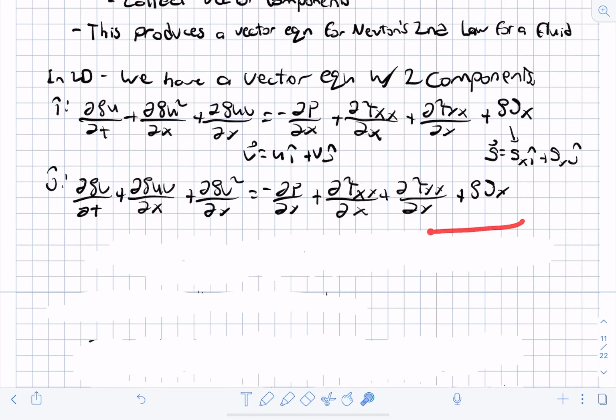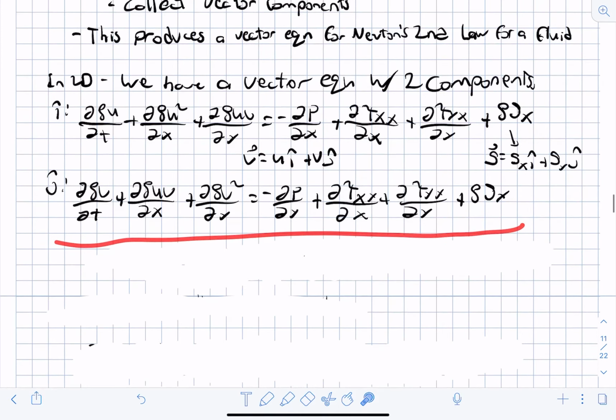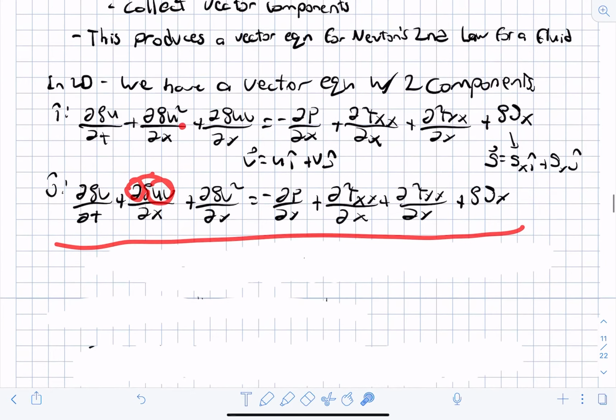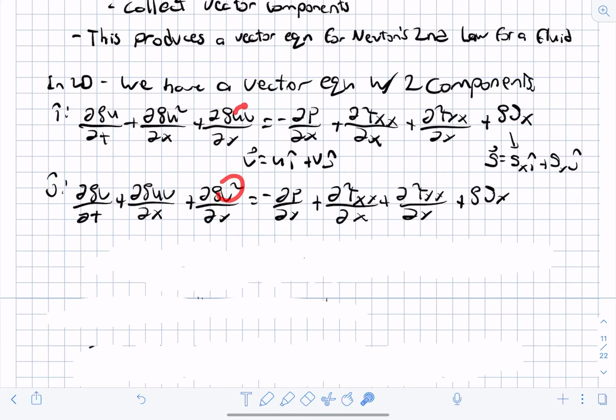But other than that, most everything is similar except for the partial x term. Instead of u squared like it is for the x momentum equation, it is uv, and for the y momentum, the partial y term has v squared instead of uv.